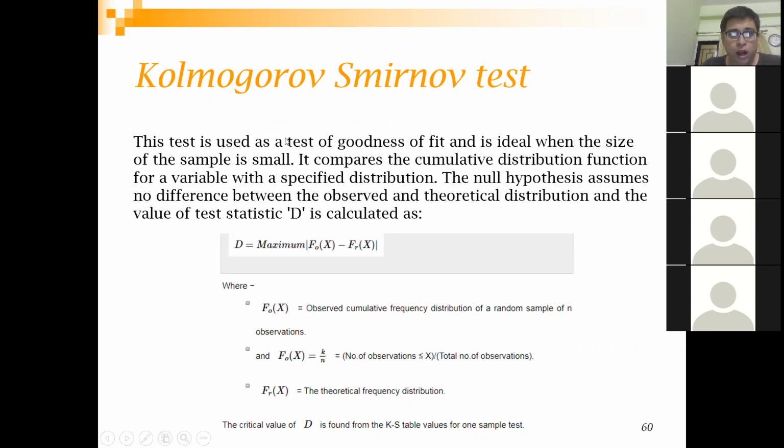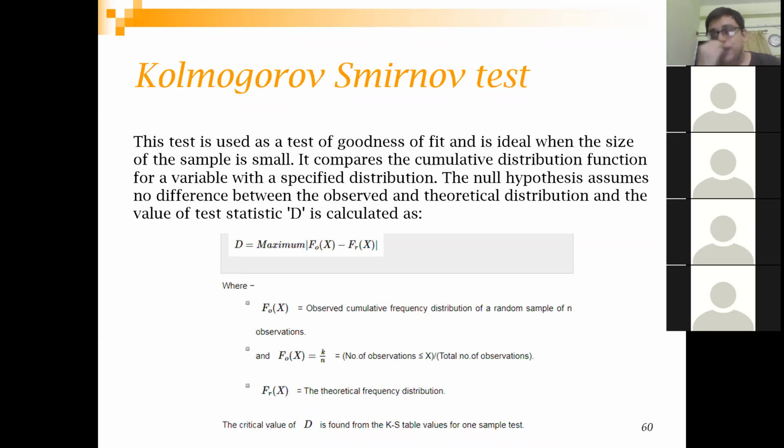So you have something called F0(x). What is F0(x)? It is the cumulative distribution at, let's say, x equal to 5. Actually you have two values: one is your observed value and another is a theoretical value, like we were doing in PP and QQ.